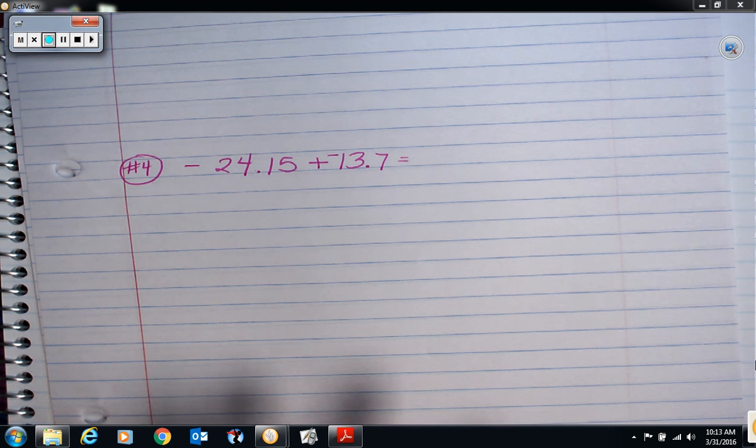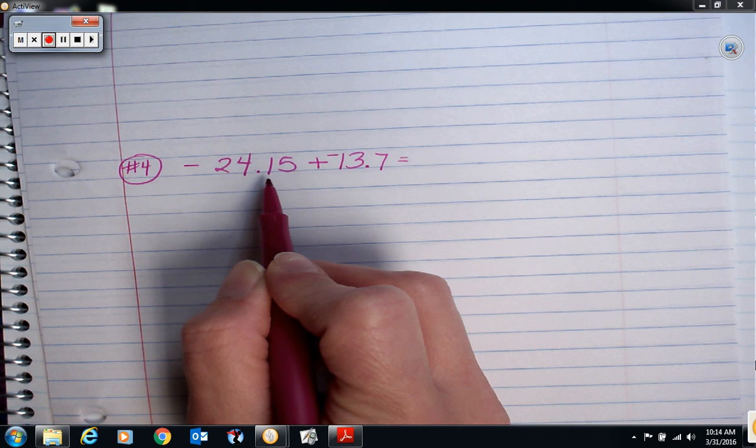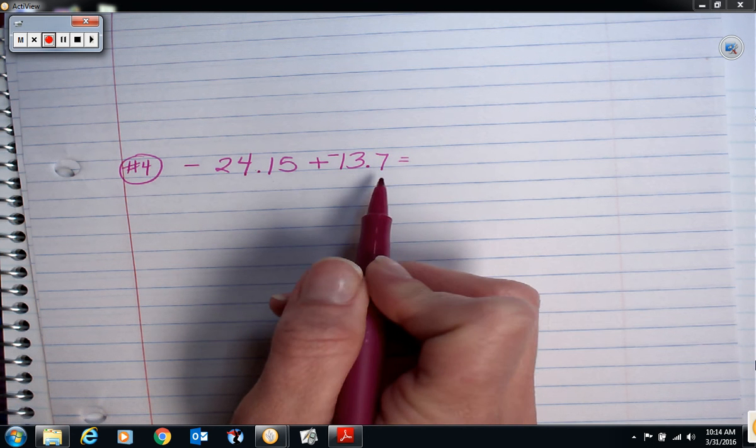So when I add two negatives, I want to add together those absolute values, because here my rules for adding integers with the same sign was to find the total of their absolute values, and I have the same sign in the end. Think about it as walking backwards, 24 and 15/100 places on the number line, and 13 and 7/10 backwards more.